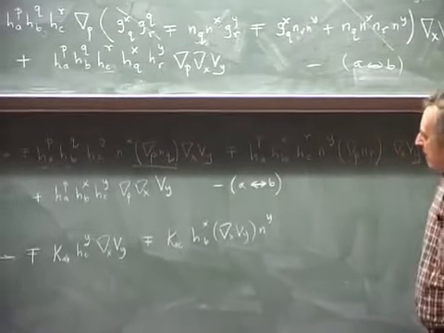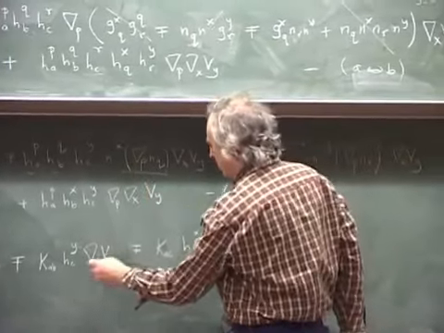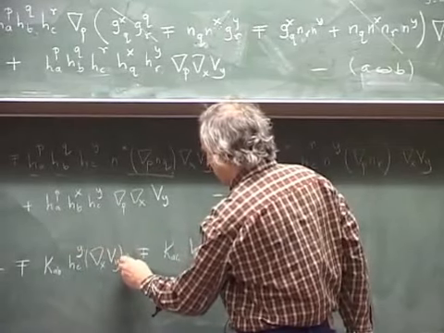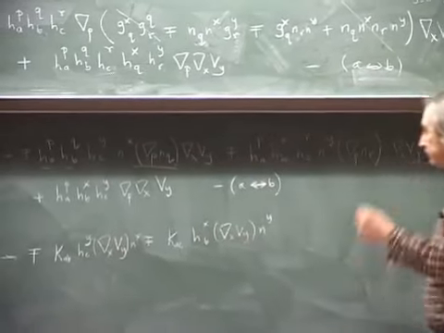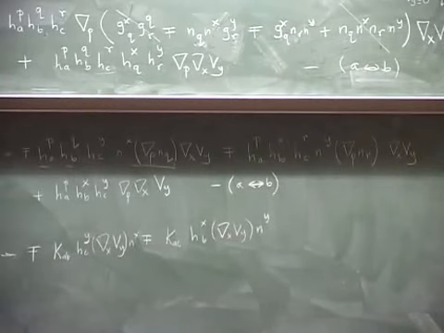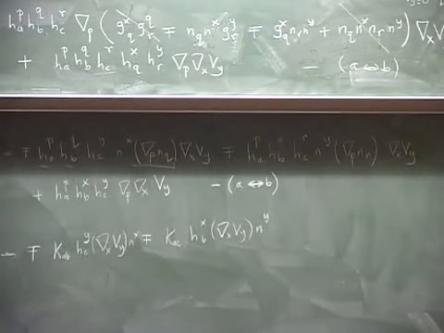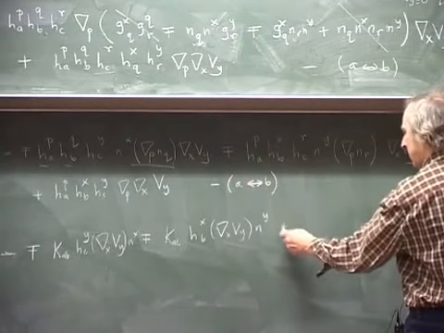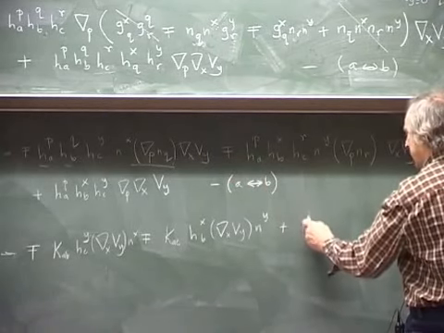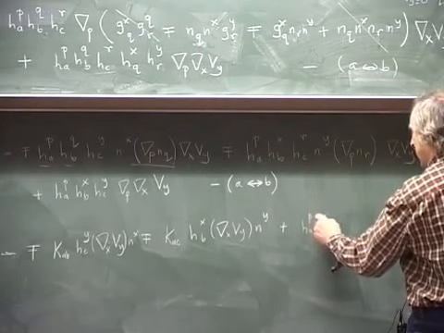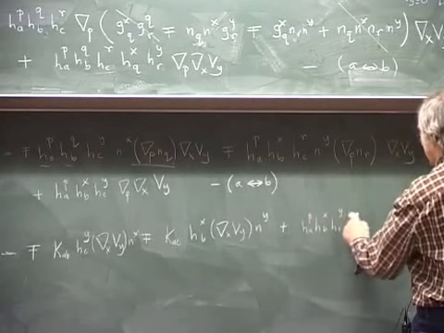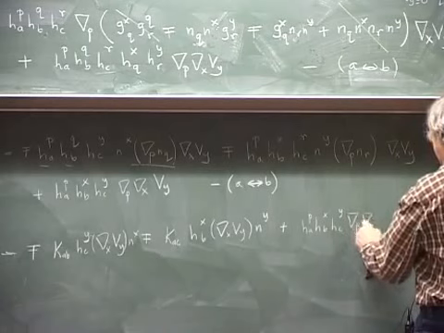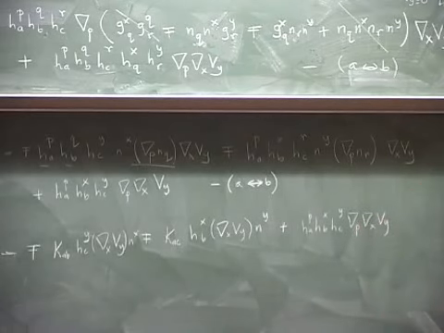I think I have left out an NX going from here to here. That looks better. And then I end up with this last term here, plus HAP HBX HCY del P del X Vy. And then I subtract off the same things with A and B swapped round.